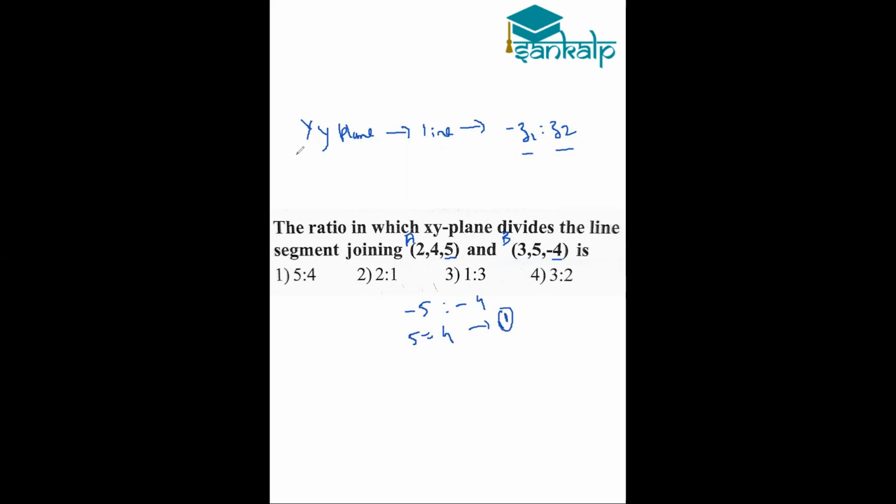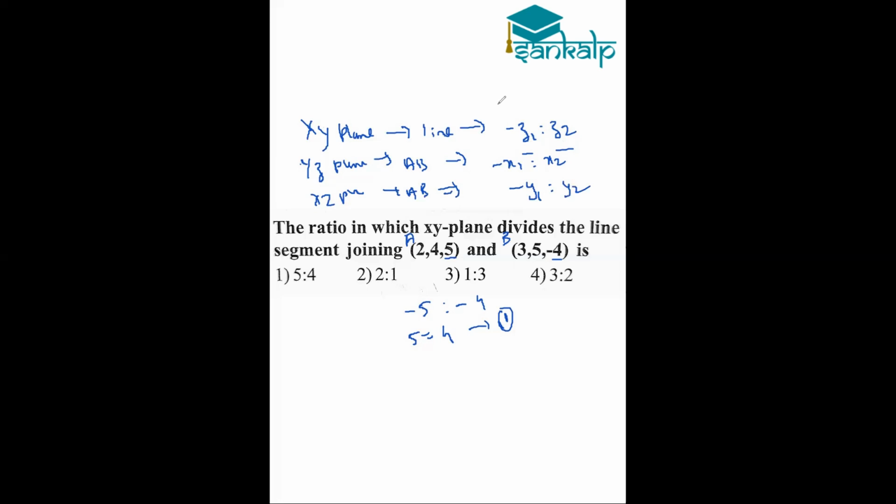Similarly, using this result, the YZ plane divides a line joining AB in the ratio minus x1 is to x2, and the XZ plane again divides AB in the ratio minus y1 is to y2.